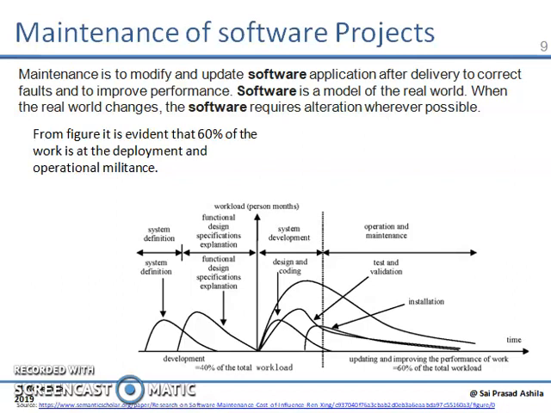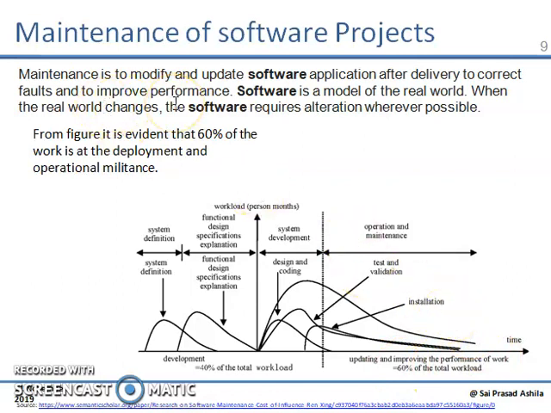The maintenance of the software project. The diagram shows the different phases: system definition, designing and coding, which takes most of the share, and maintenance takes the rest. 60% of the total workload is during installation and maintenance.